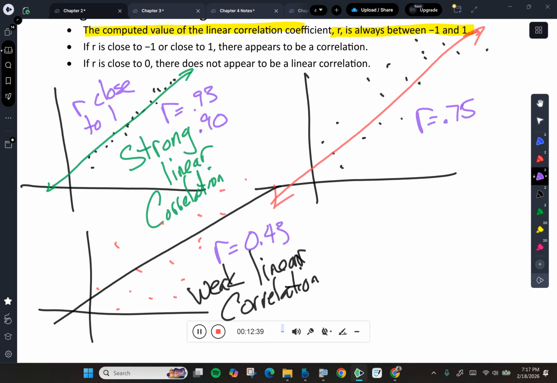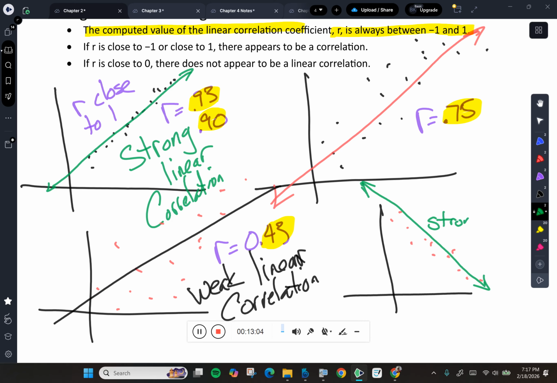Right? Now you might have noticed that every single example I just gave you was a positive R value. And the reason all those are positive is because all of those lines are increasing. If you had a negative sloped line, you could still have strong linear correlation, but you would have an R value that would be like -0.88.